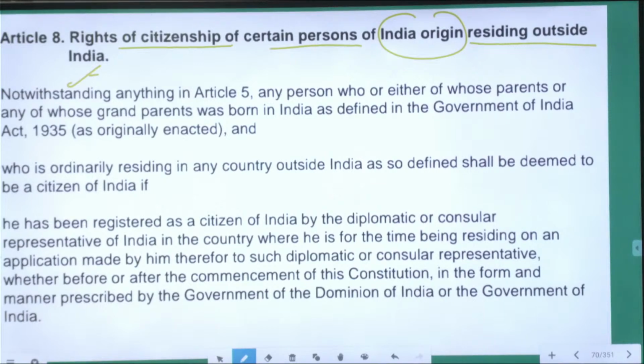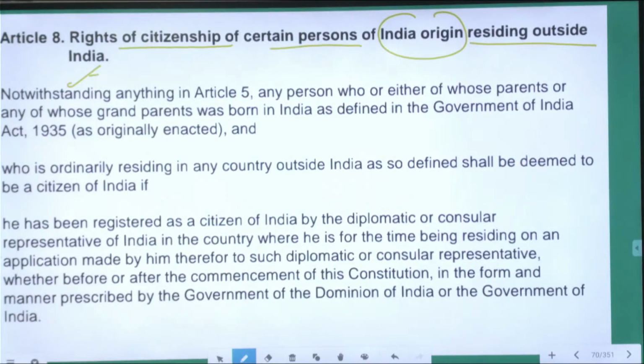Article 8 talks about such persons who want to become citizens of India at the commencement of the Constitution, where 5, 6 and 7 are not applicable, because 5 applies to persons residing in India, 6 to those migrated from Pakistan, and 7 also relates to Pakistan. But someone living in Africa, Europe, or America, what about them?